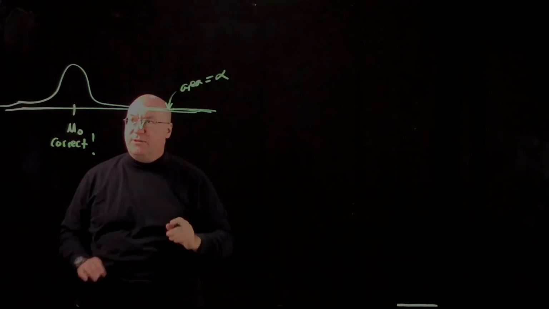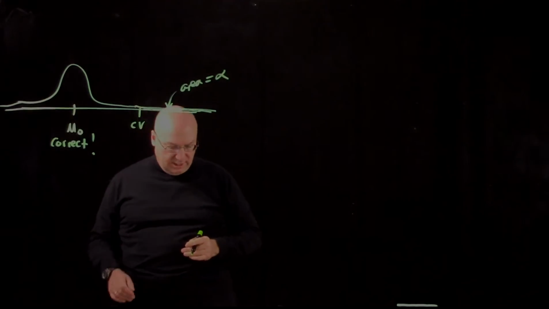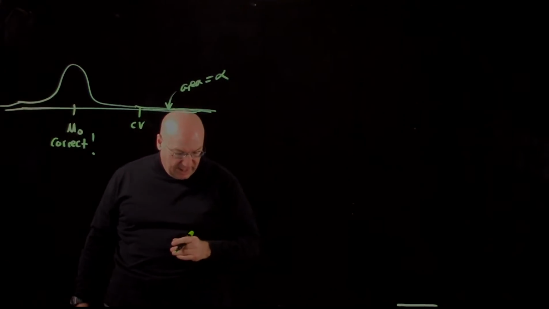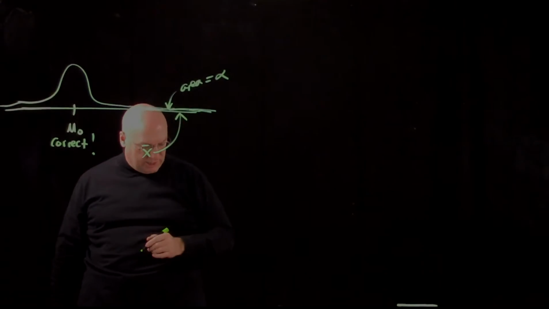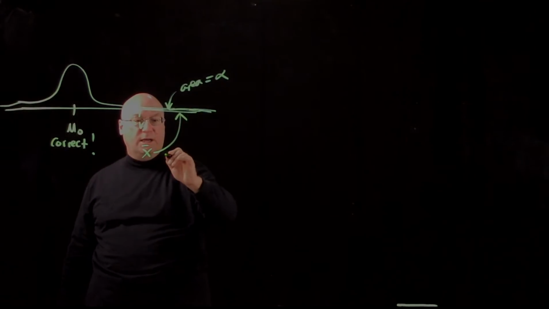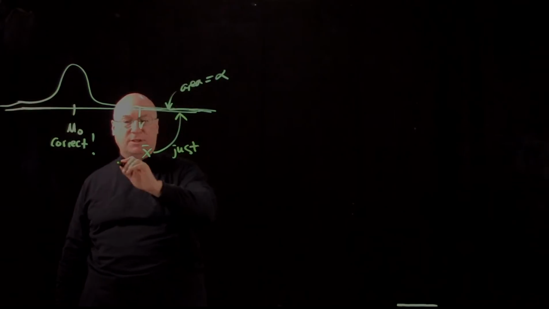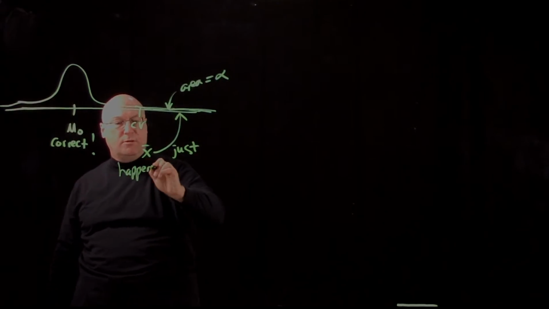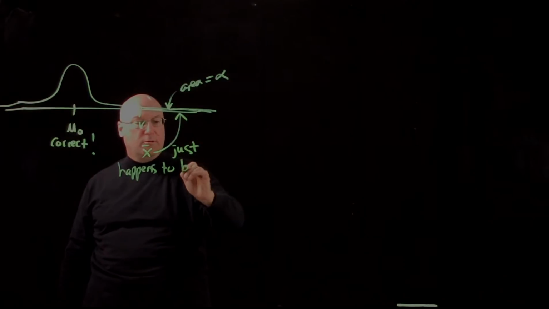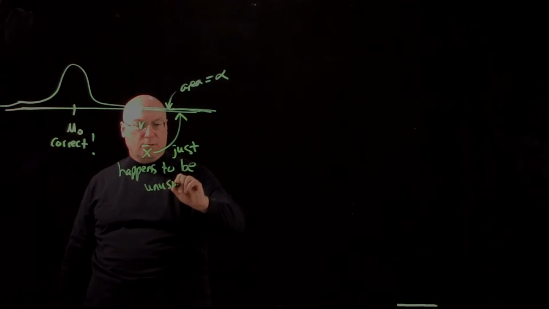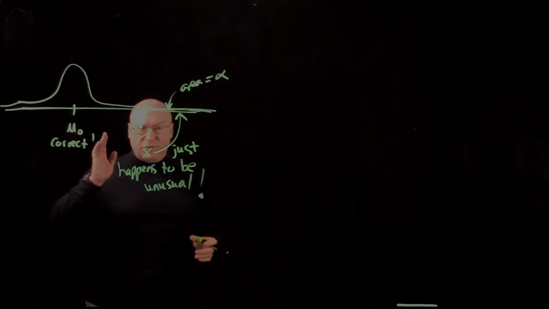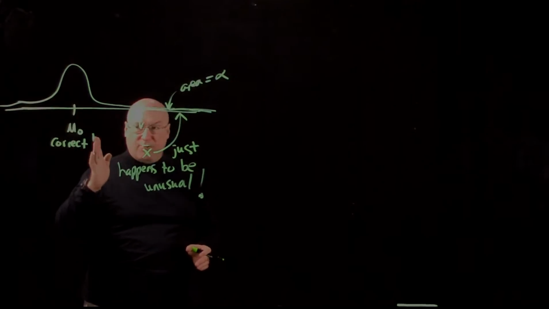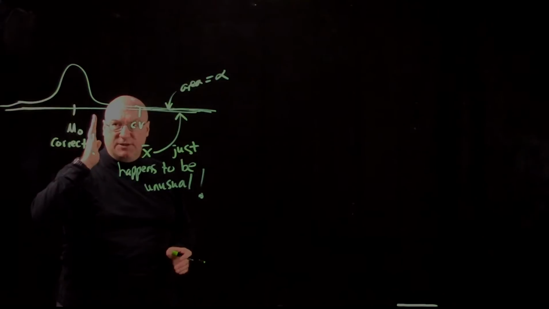Then this area equals alpha, so we're back to thinking of having a significance level again. And it just so happens that X bar is out in the rejection region. X bar just happens to be unusual. So the null hypothesis is correct. There was no change or whatever. And we have the mean that the null hypothesis says there is.